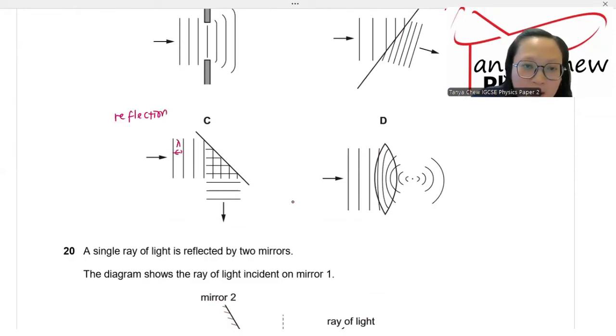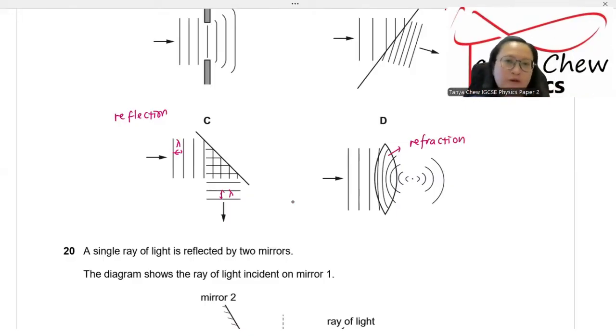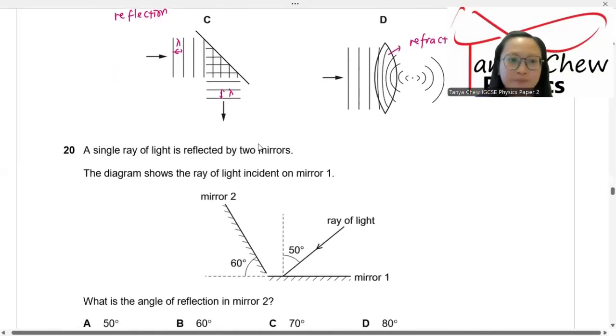This is called wavelength. It's just that the direction changes and the wavelength is still there. Right? This is called reflection. D is called refraction. Could you see right here? This is refraction of the lens, right? Refraction because the lens is made of glass. So definitely the speed of the wave would have to change. That is why the wave bent. So the answer is A.